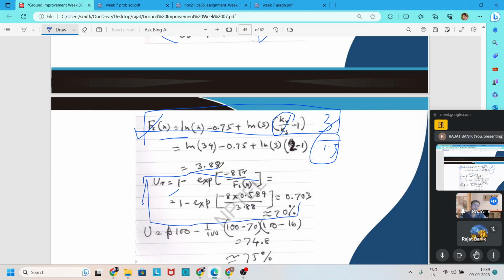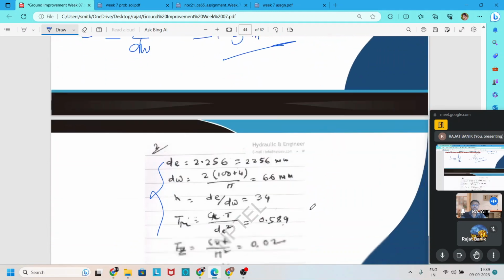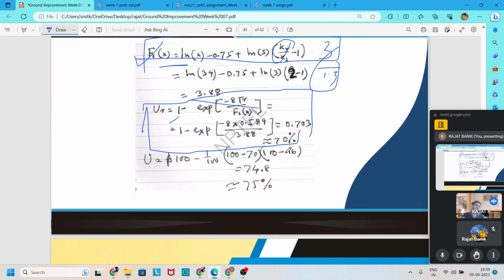If we consider the case without the smearing effect, this value comes to about 80% or 82%. But after the smearing effect, the degree of consolidation is reduced because of the reduction of the permeability or coefficient of consolidation, so it comes to about 70%.